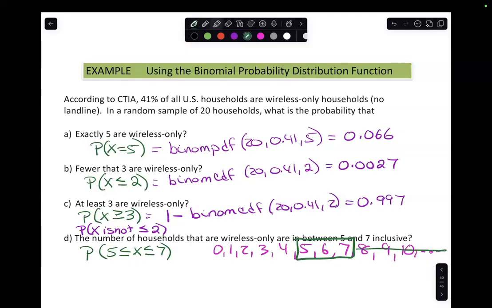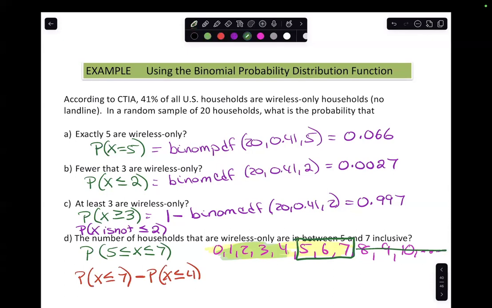So what I can do is less than or equal to 7, and that's going to give me all of this. Then I can subtract off less than or equal to 4. So it's the probability X is less than or equal to 7 minus the probability X is less than or equal to 4. That's what I would need to be doing here.